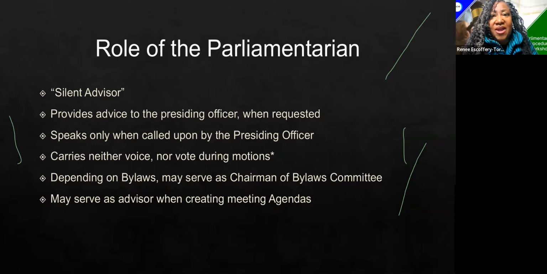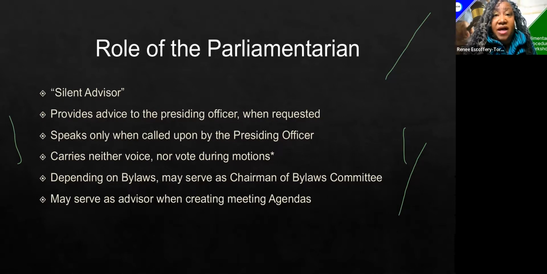I am here at the request of my presiding officer. So a lot of times people don't realize that in terms of what the parliamentarian's role is. Again, however, and that's why the little asterisk is there, if it is a vote by secret ballot, the parliamentarian, as well as the presiding officer, can vote.